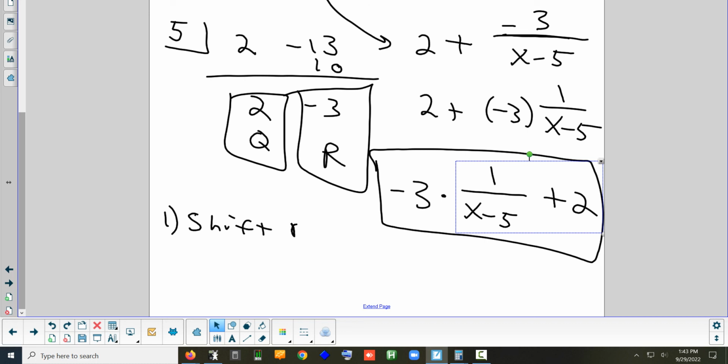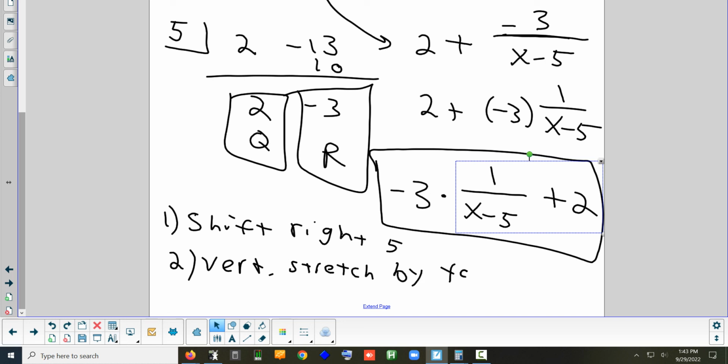So shift right 5. Okay. What's the next thing we would focus on? Yep. And that's a vertical stretch by how much? Yep. Well, no. 3. The negative is a separate thing. What's the negative in front do?